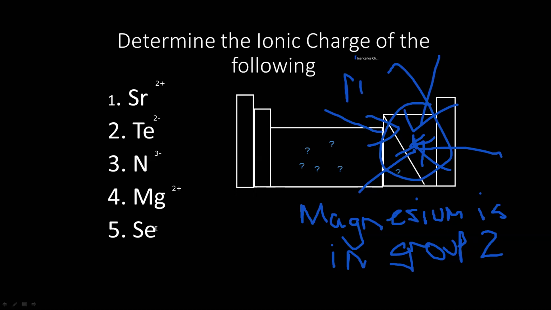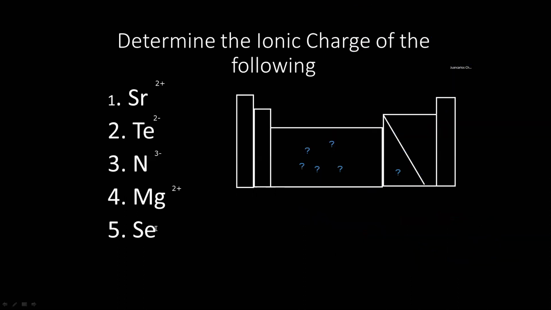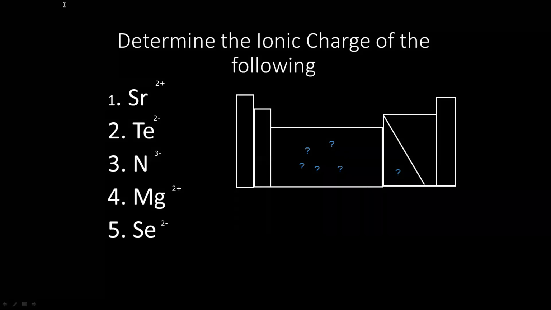Yeah, so what group is that guy? 16 is underneath oxygen. Anything that's in the oxygen group, that's going to be a 2 minus. So selenium gets to be 2 minus. There we are. And clear these guys out and go to the next page.